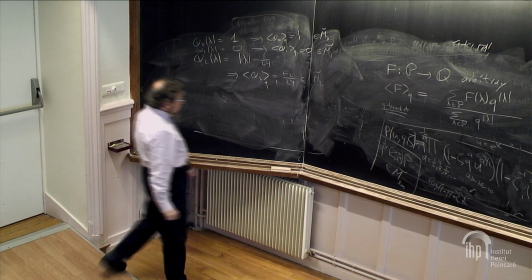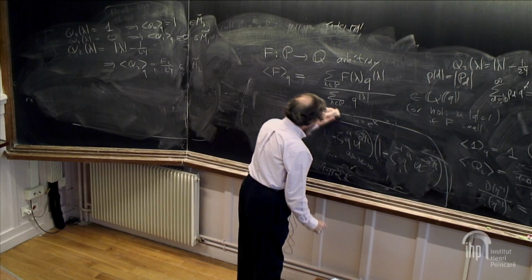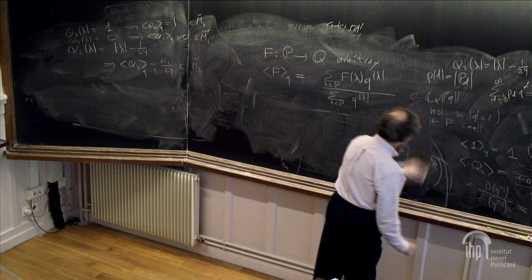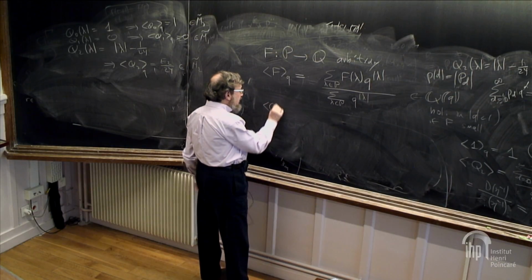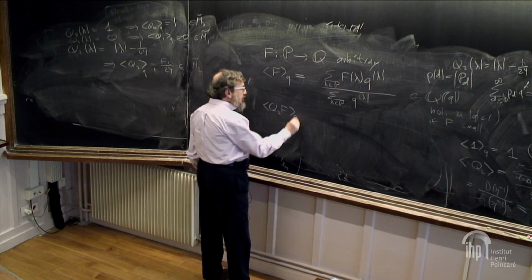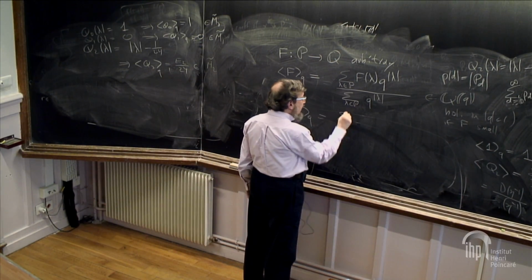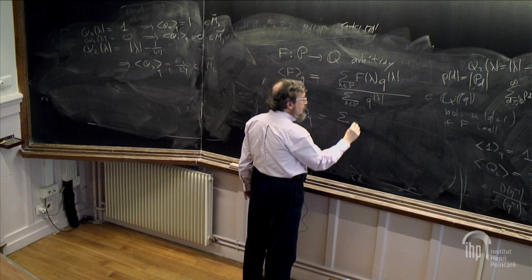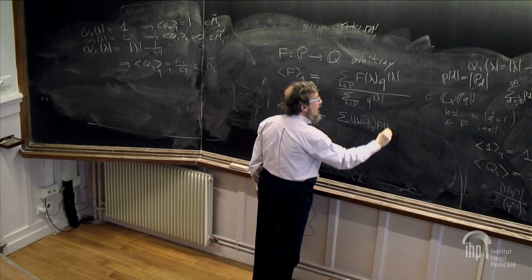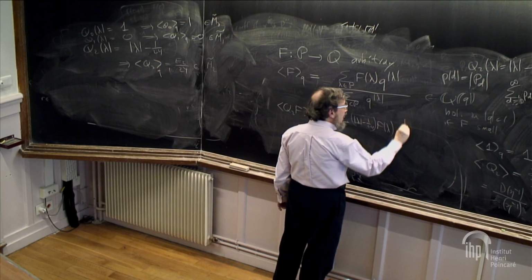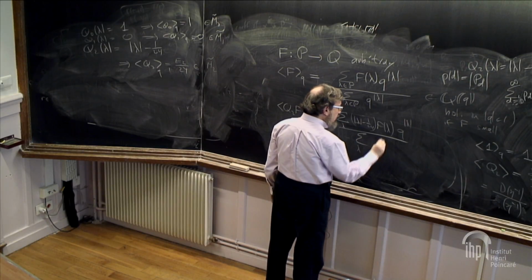Okay, now let's do a slightly more general calculation. Let's think here what happens if you take any f and you multiply by Q2. Well, that would be the sum of Q2 of lambda, which is lambda minus a 24th, times f of lambda times q to the lambda, divided by the sum over lambda of q to the power lambda.